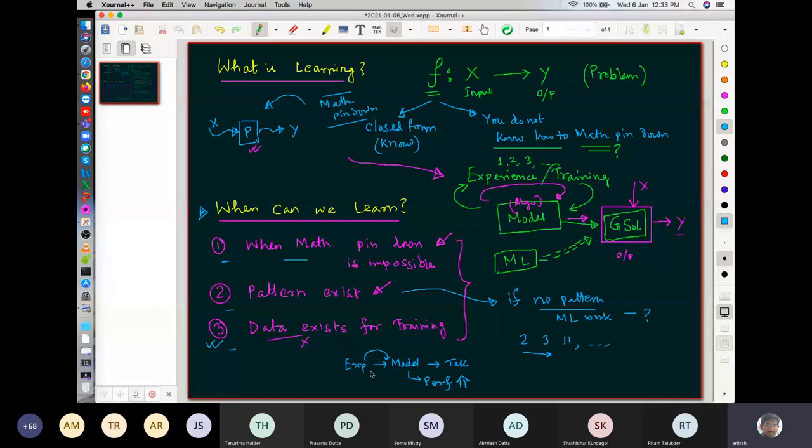So machine learning is a procedure through which, from the experience or the training, you can build up a model or an abstraction of a solution to solve a task. With higher experience, the performance over solving a task improves. This is how the traditional definition of machine learning goes.